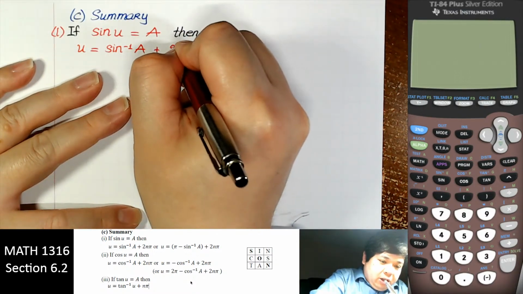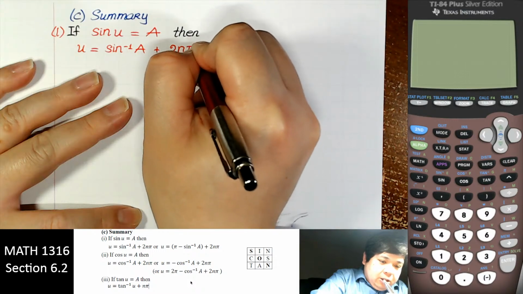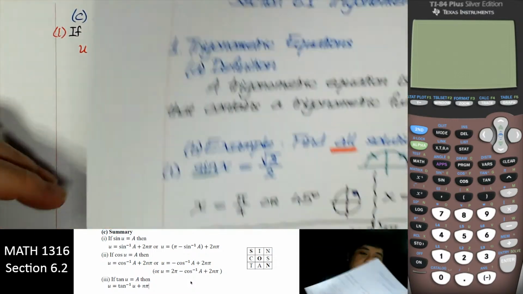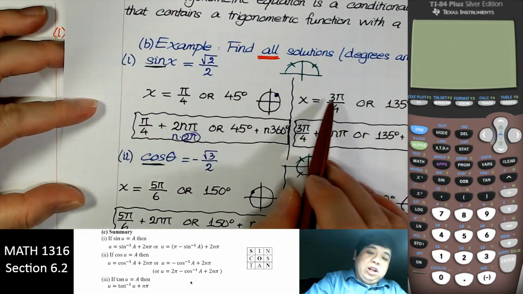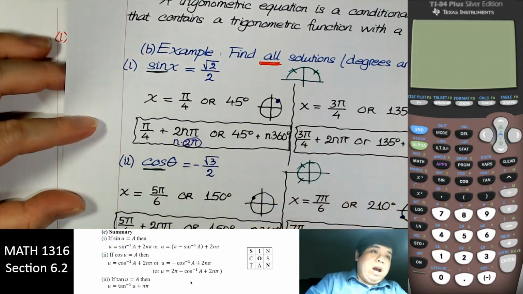plus 2n pi. So that gives us one solution here. And now we need the other solution across from the y-axis.